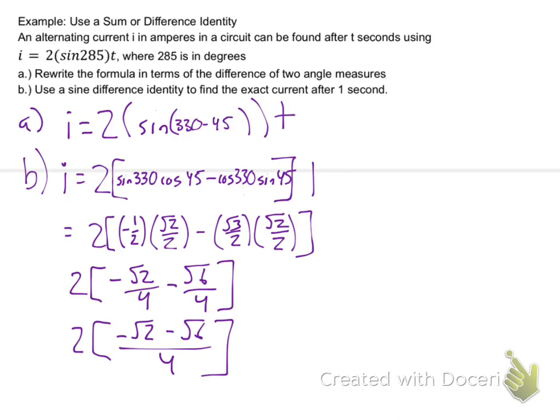Now remember, 2 is really 2 over 1. So I should probably distribute across the top, right? Or, what's on the bottom of that fraction? There's a 4. Is there a 2 in that 4? So if I cancel this 2 out, and cancel the 4 and make it a 2, I'll have negative square root of 2 minus the square root of 6, all over 2.